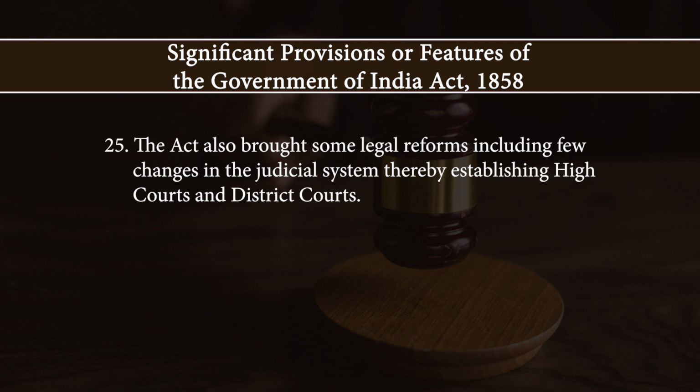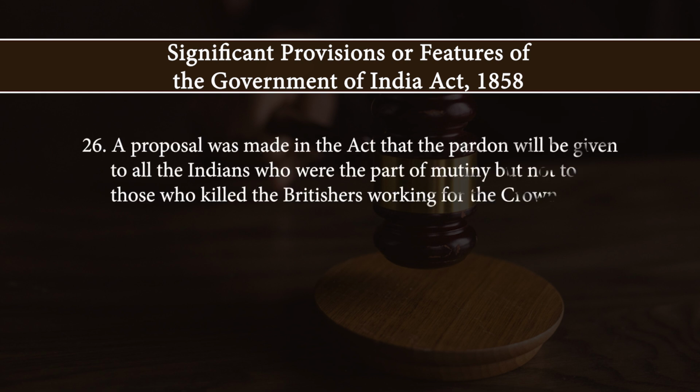Another issue regarding the legal reforms. The Act also brought some legal reforms, including a few changes in the judicial system, thereby establishing high courts and district courts. One proposal was also made in the Act that a pardon would be given to all the Indians who were part of the mutiny, but not to those who killed the Britishers working for the Crown.